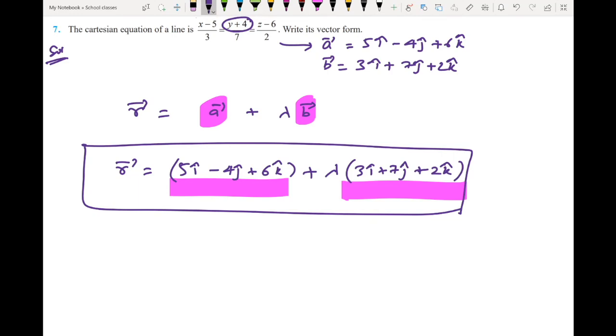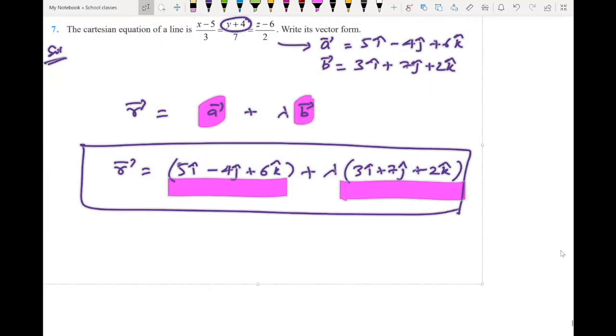Students, another topic is line passing through 2 points. If a line passes through 2 points, what will be the equation of the line?